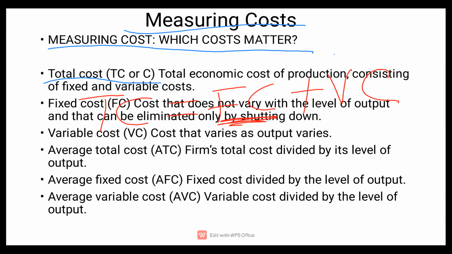Most of the times the rent is fixed. Whether you make a lot of profit using that building or not, the rent is usually just fixed around that amount. It could be, for example, you are renting a shop in town here in Lusaka or anywhere.